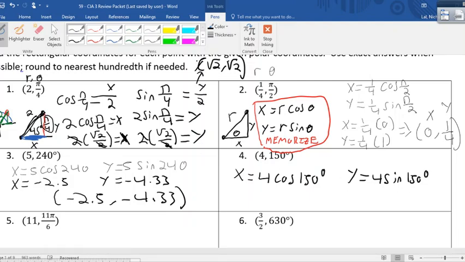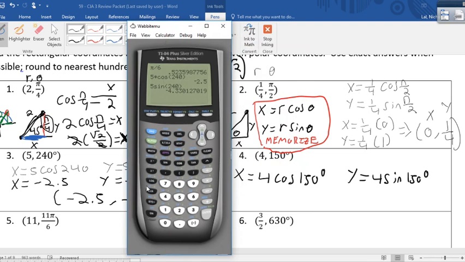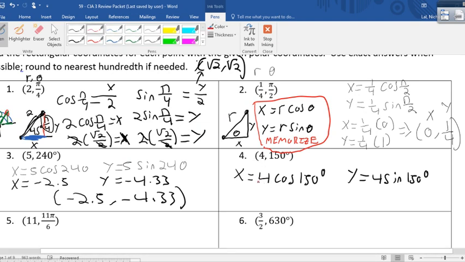So we plug these values into the calculator, and we get rectangular coordinates negative 3.46, positive 2.